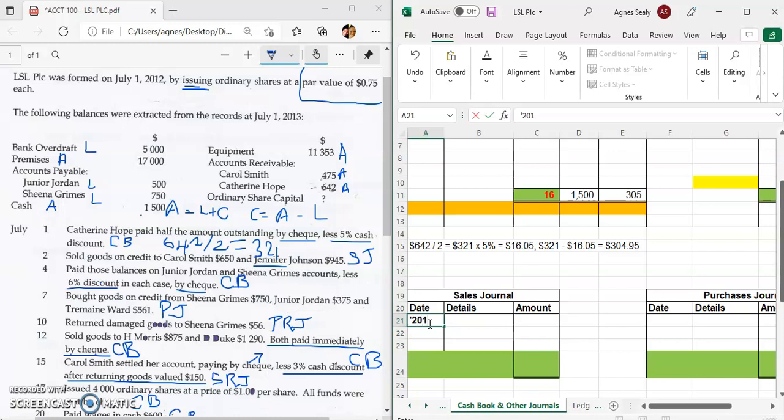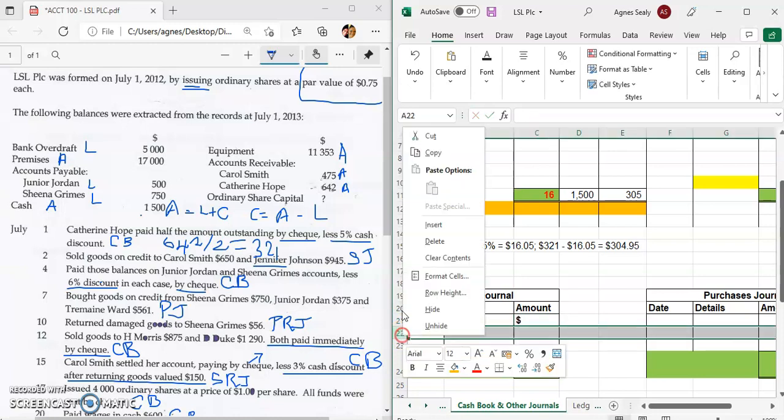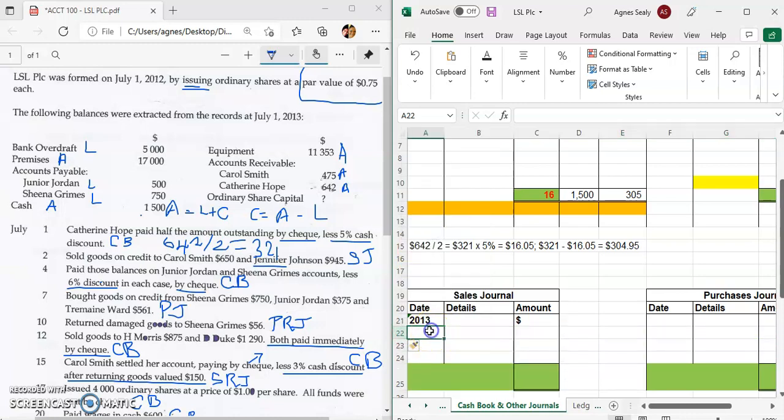So this is 2013. And it is the 2nd of July, and this would be who they sold to, Carol Smith. The amount was $650.